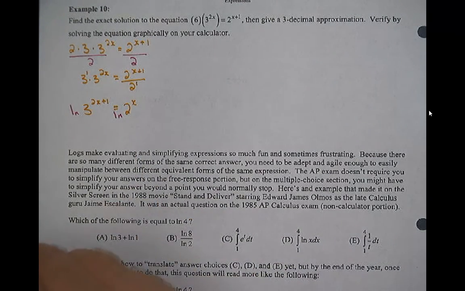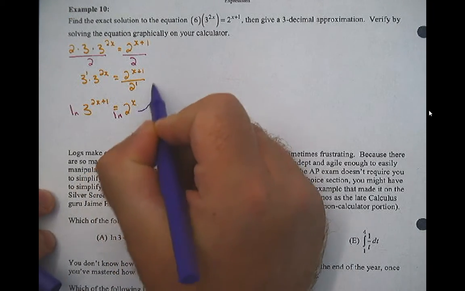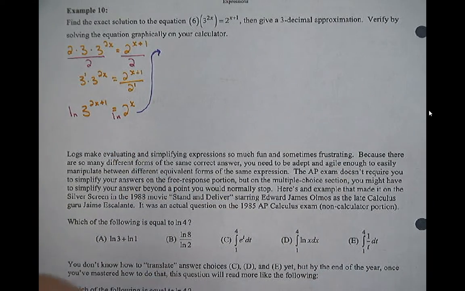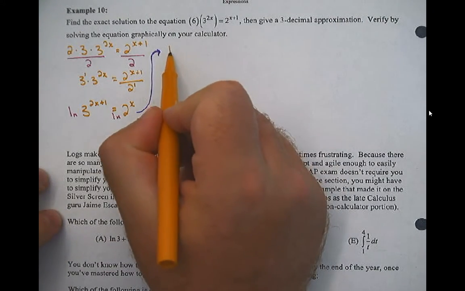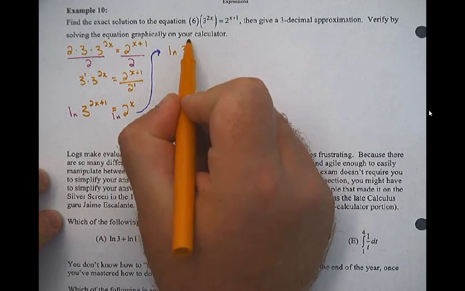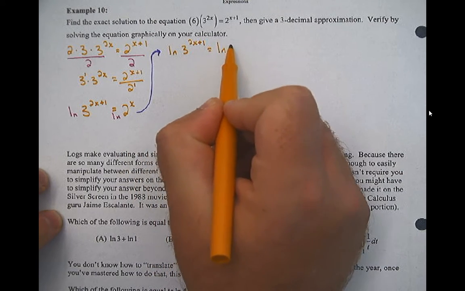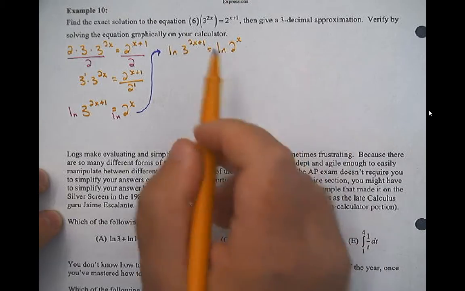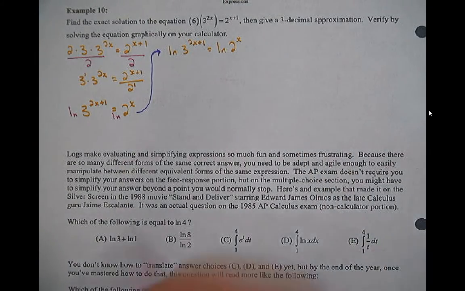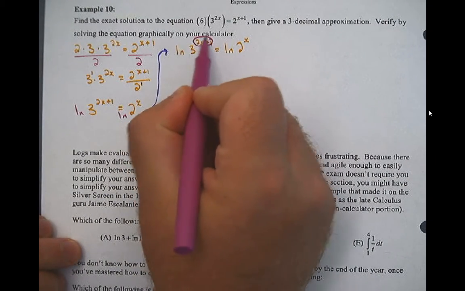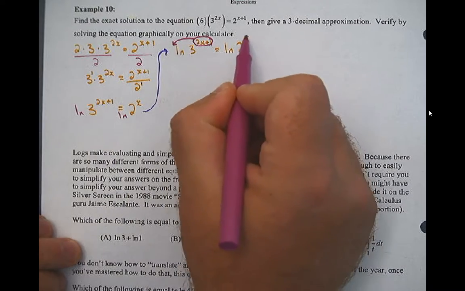So where do we go next? Now we go up here. And I have natural log of 3 to the 2x plus 1 equals natural log of 2 to the x. But now I can take these exponents and bump them out front, this guy and this guy.